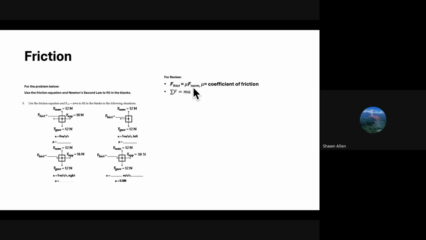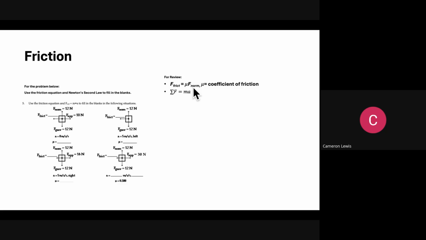Do we have a mass? We have 12 newtons, but do we have a mass, which is in kilograms? No, we don't. Can we find a mass? Yes. How will we find the mass? What can we do with the force of gravity?